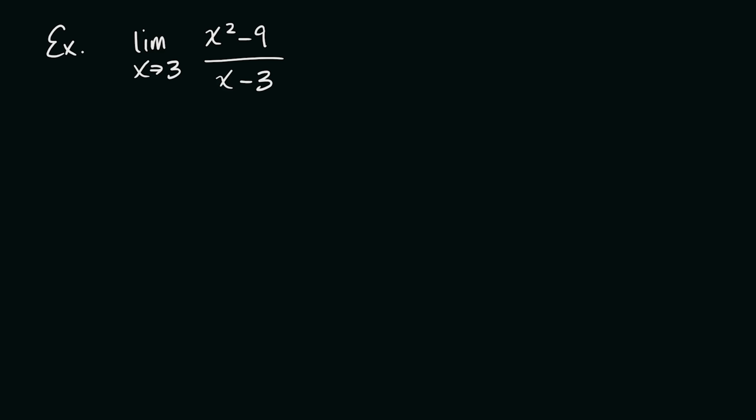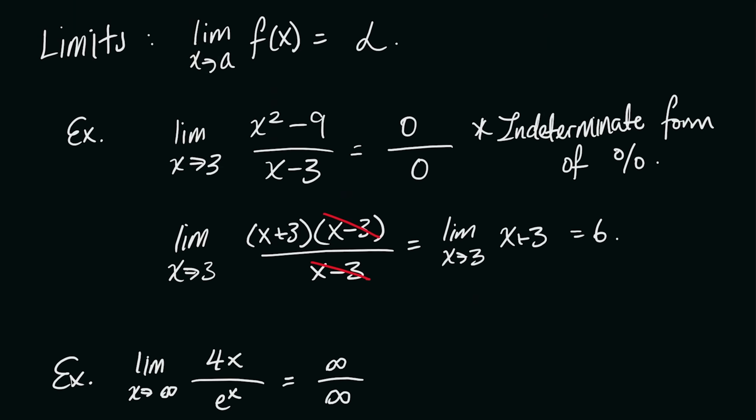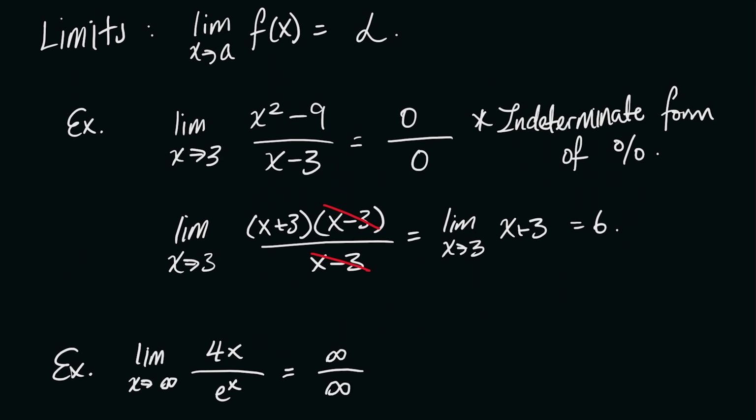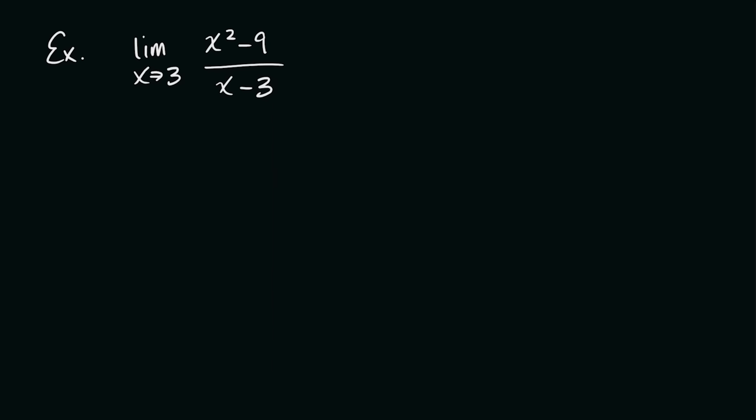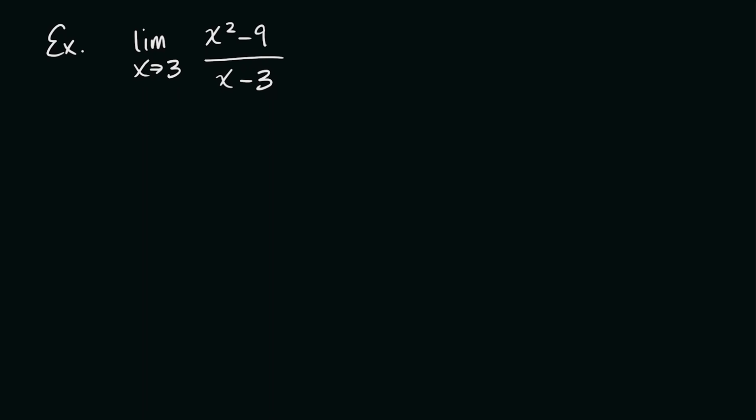We all know it's going to be equal to 6, because in the beginning we solved that as equal to 6, right over here. Now, let's try using L'Hopital's rule to figure this out. So take a moment, pause the video here, and see if you can figure this out.